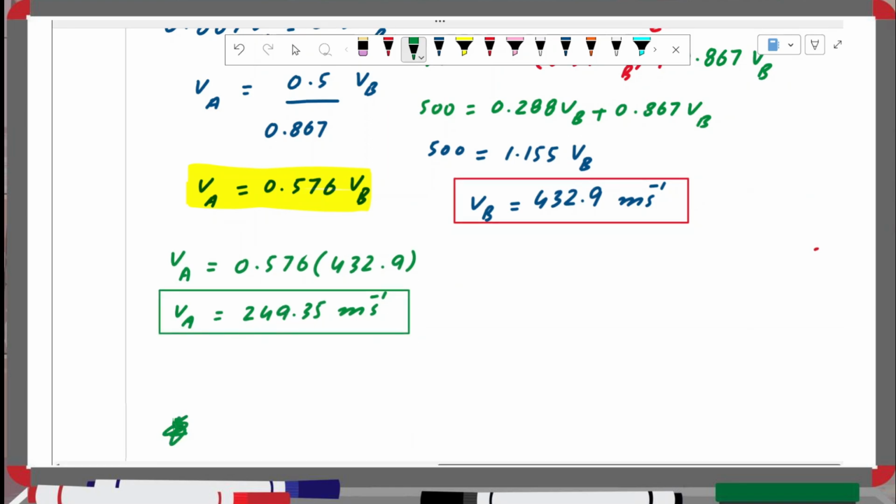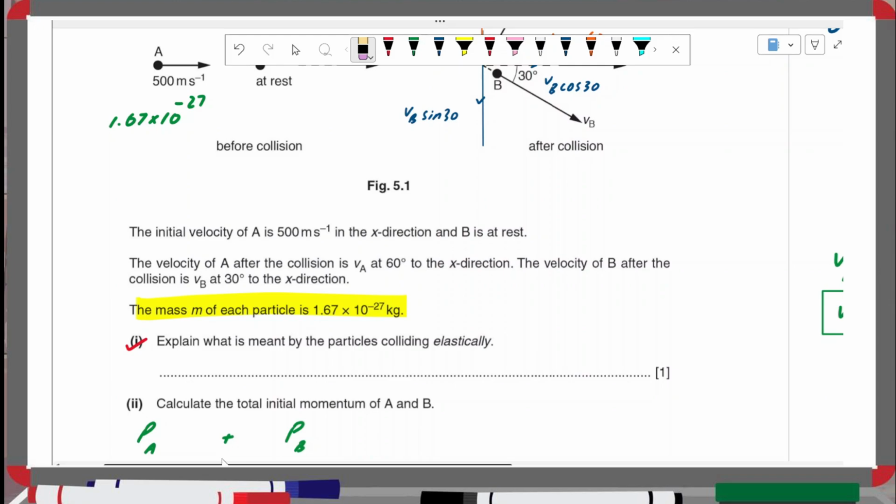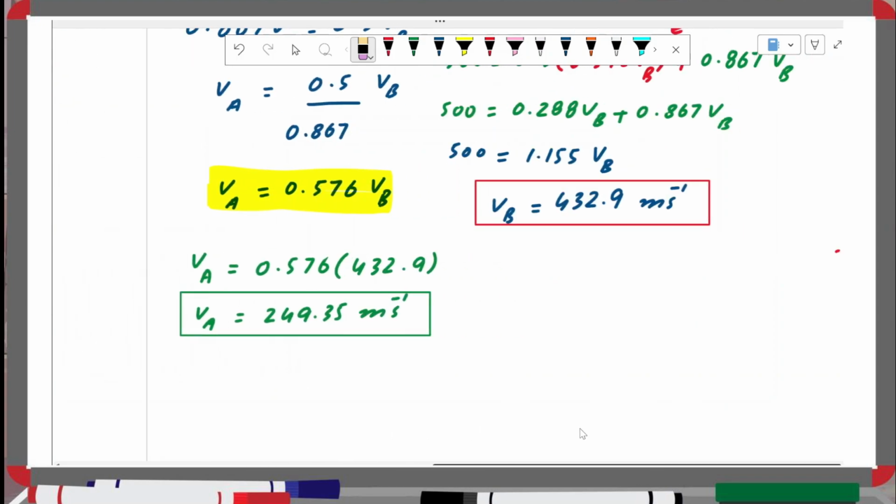Now if I take a look at the question, just to see how many SF we have in the raw data. Yeah, so we have a minimum of 2. So I can leave the final answer in 2SF or 3SF is also fine, totally up to your choice. I'll leave the final one in 2SF.